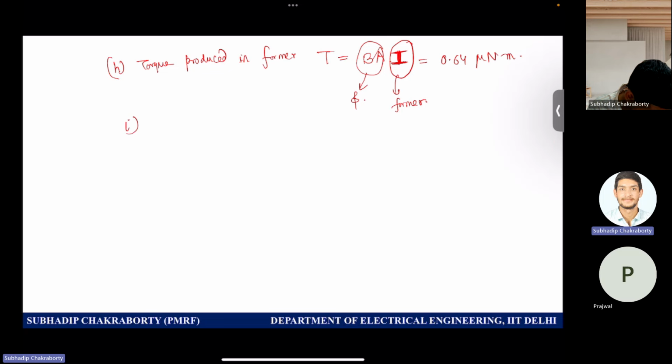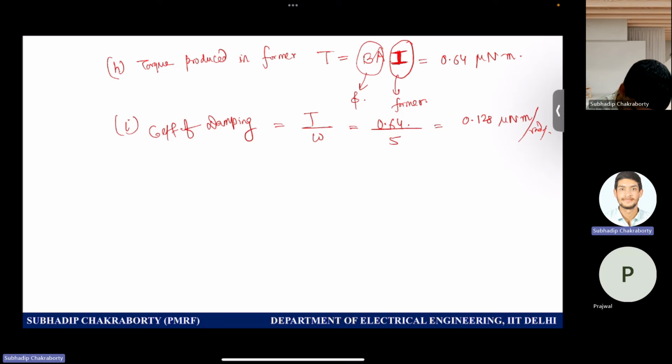And the final part is asking the coefficient of damping. Coefficient of damping in the former is nothing but this torque divided by the angular velocity, which is coming out as 0.64 divided by 5. It is coming out as 0.128 micronewton meter per radian per second.